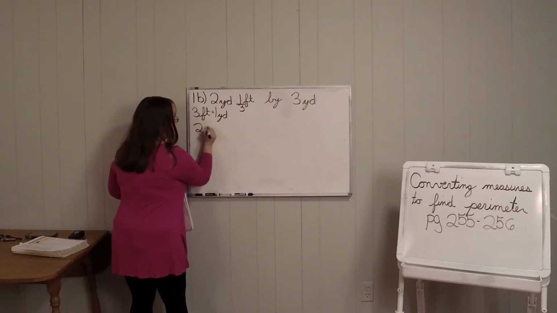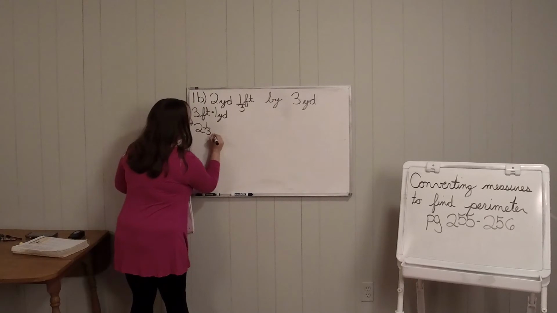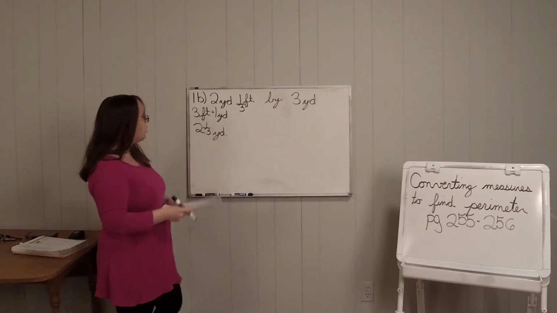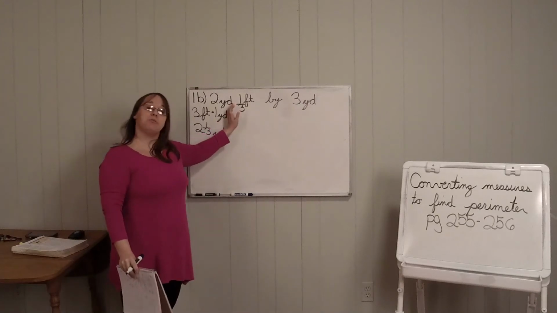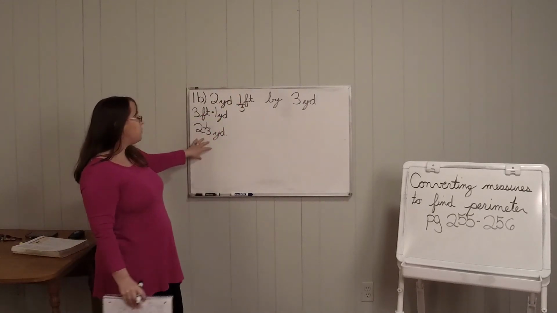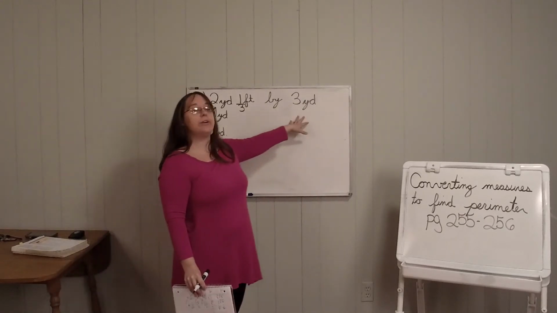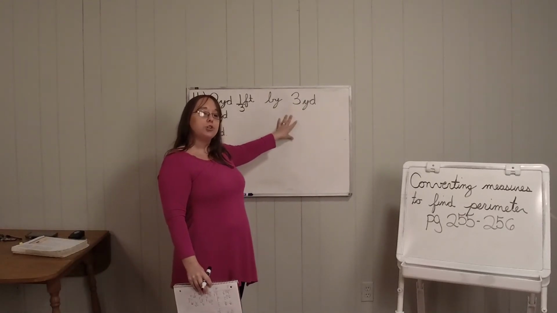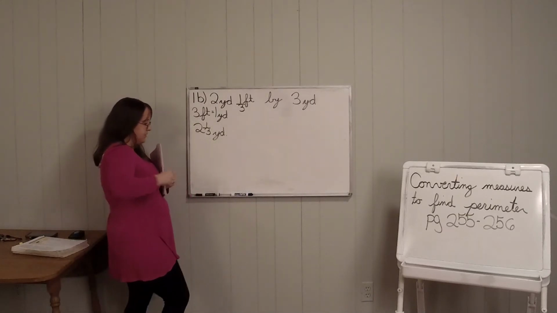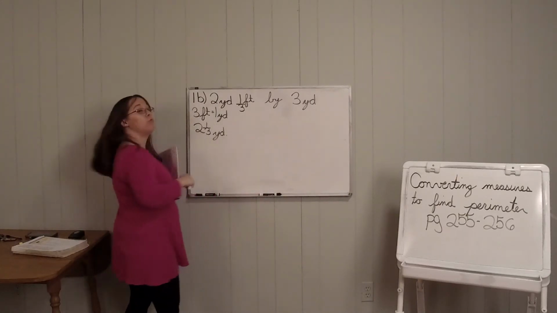So you have 2 and 1/3 yards. I told you guys, remember fractions is a division. So now you have 2 and 1/3 yards by 3 yards. So now you can use your perimeter equation for a rectangle.